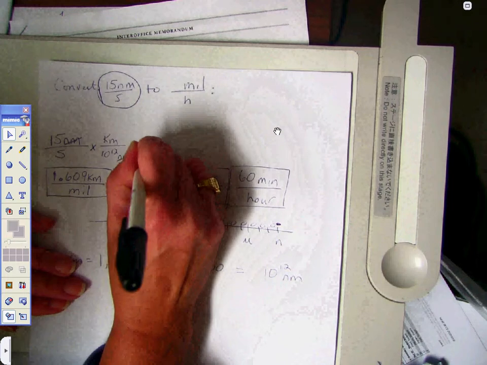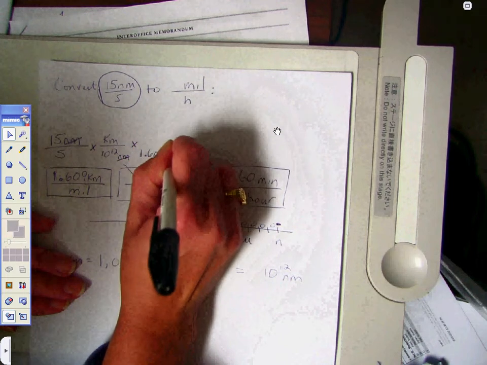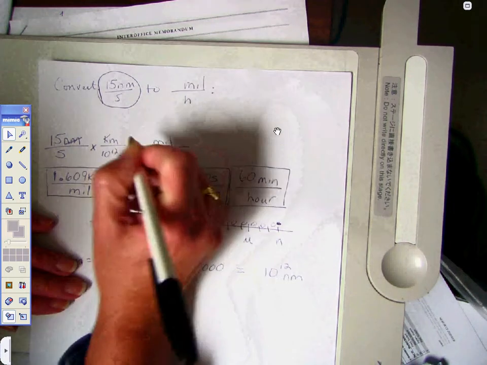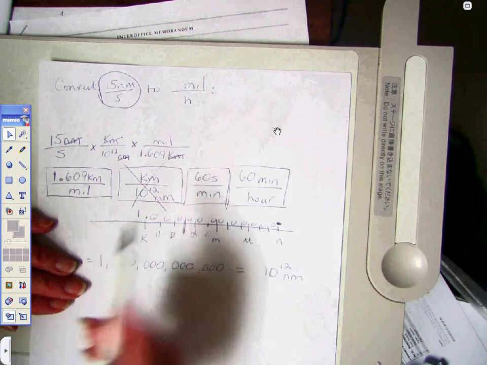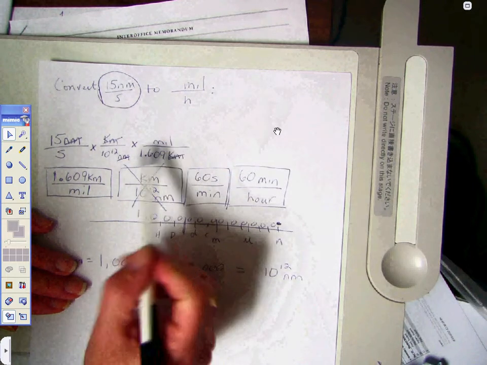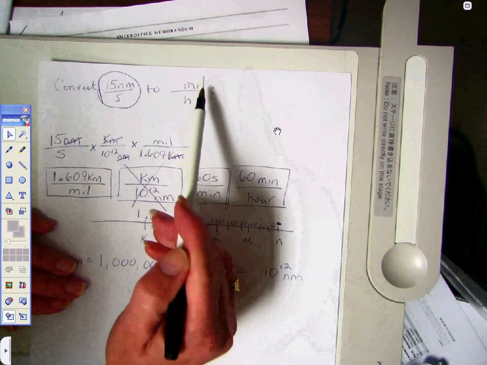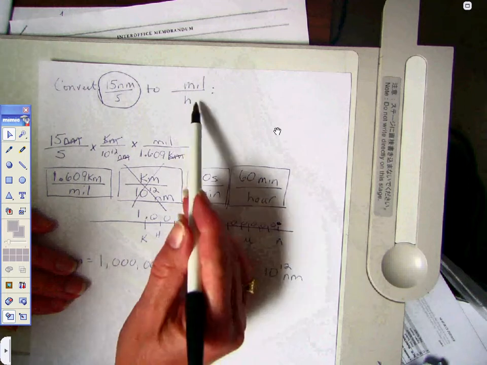So I'm just going to flip it: 1.609 kilometers in every mile. Okay, now my kilometers cancel. Notice that at this point I have miles per second as my unit. So my top part is taken care of. I have miles on top. That's what I want. So let's get rid of this hours.